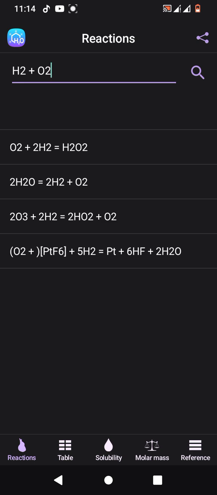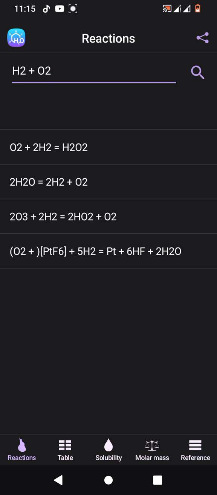So the most common one we are familiar with is the second formula. They've interchanged the way you are used to, and instead of our arrow, they've used an equal sign, and that's understandable because these reactions are interchangeable.